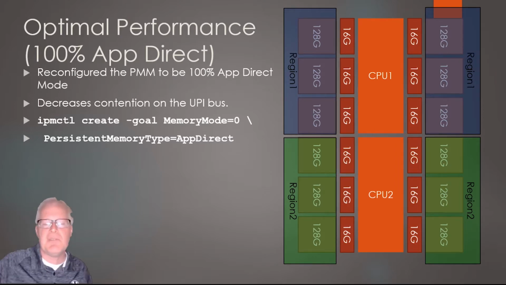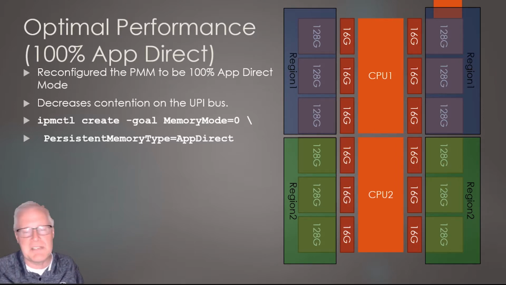And the test I'm running ran for about 10 hours, and I generated something like 1.8 terabytes of data. And it did garbage collection, did a bunch of things on there. So I filled those drives up pretty quick with the tests that I'm using there. Again, you can see the IPMCTL command is what I used to create those regions on my persistent memory.